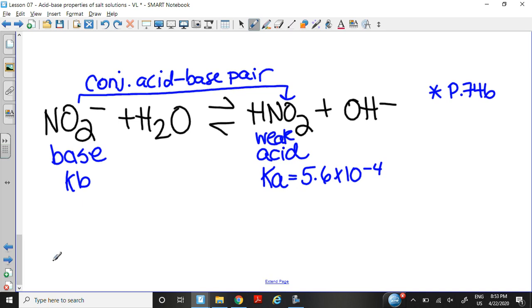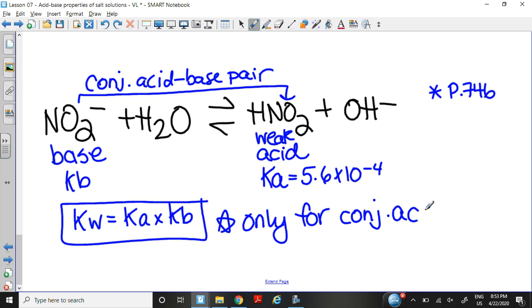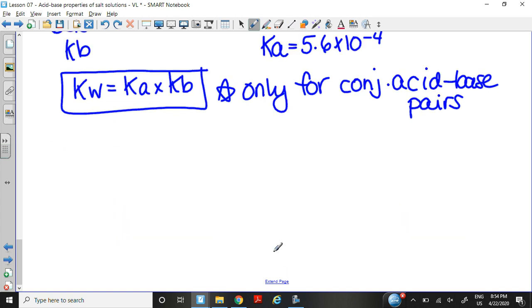There's one more formula that deals with conjugate acid base pairs, which we haven't seen yet, which is Kw is equal to Ka times Kb. This only works for conjugate acid base pairs. So if we want to find the Kb value and we have the Ka of its conjugate pair, we can use this formula and rearrange and solve for Kb.